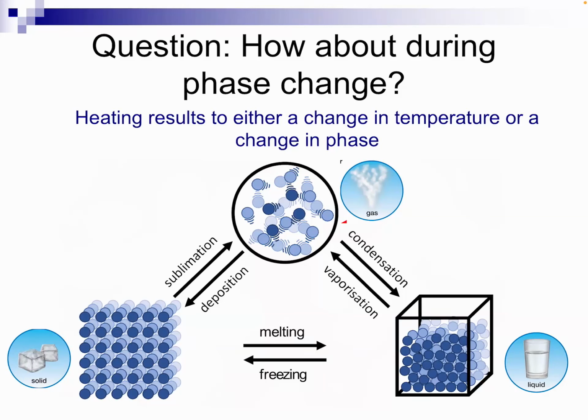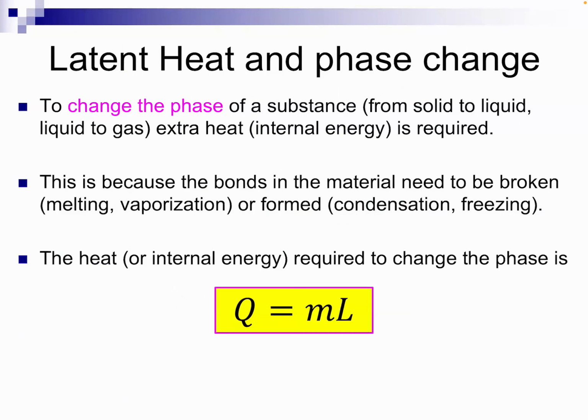So let's look at the case now where the object undergoes a phase change. In the earlier slides, we looked at the case where heat is added and the consequence of that is the change in temperature of the object. So now let's look at heat is added and the consequence of that is a change in the phase of the object. So to change the phase of the object, either from solid to liquid or liquid to gas, extra heat is required, right?